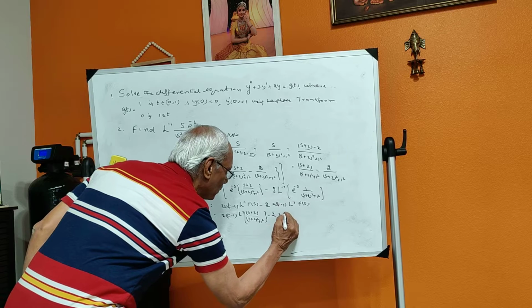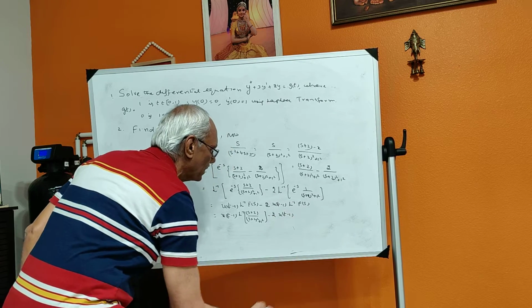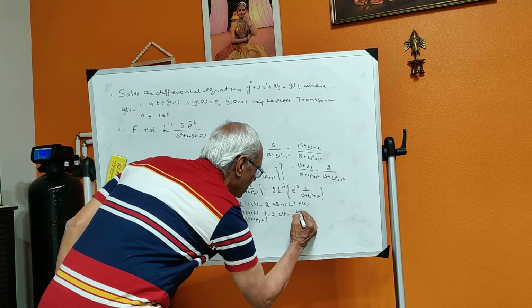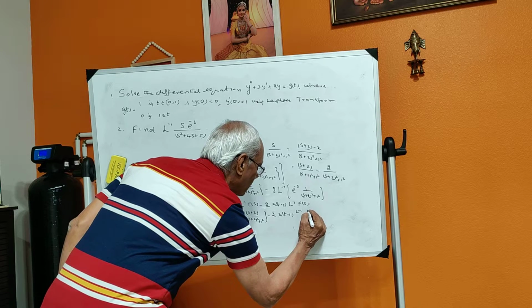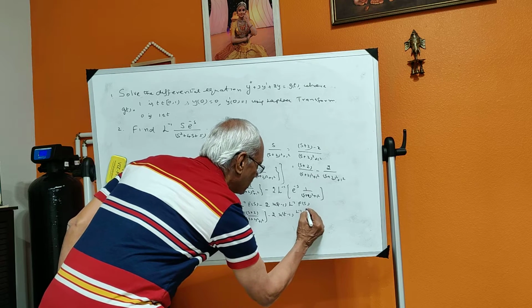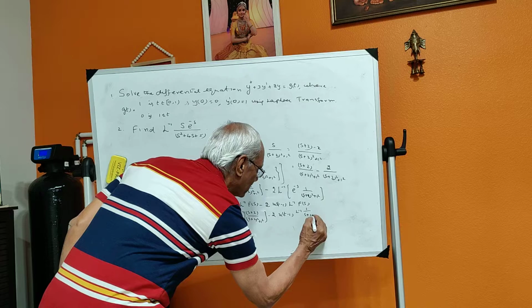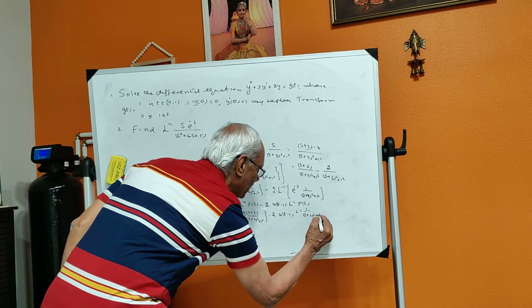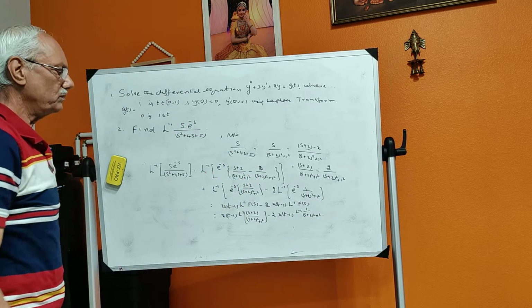minus 2 into u of t minus 1 into L minus 1 of 1 by (s plus 2) whole square plus 1 square.